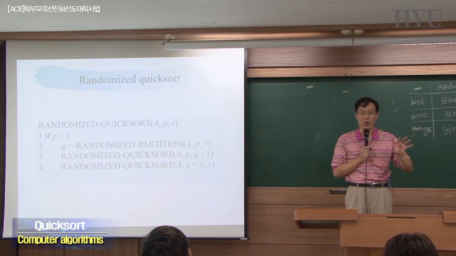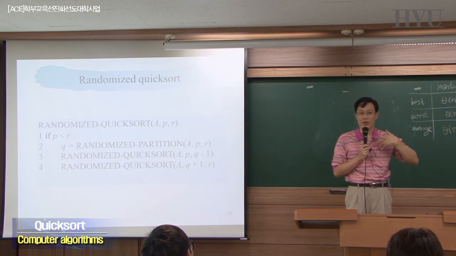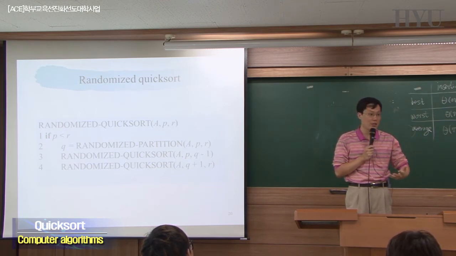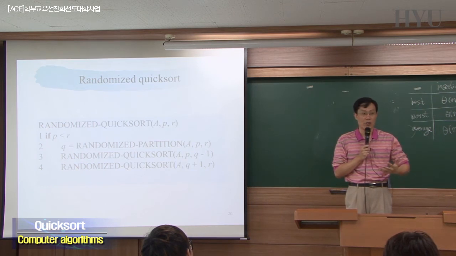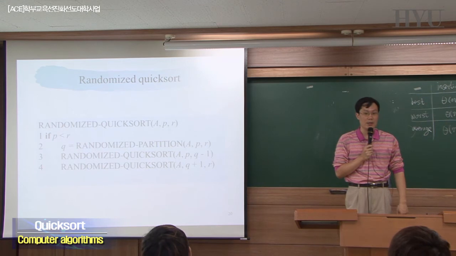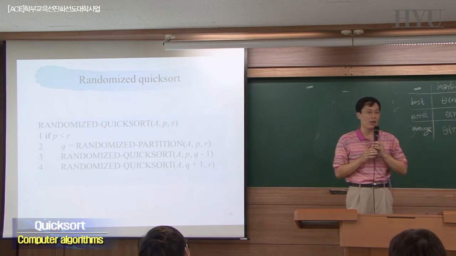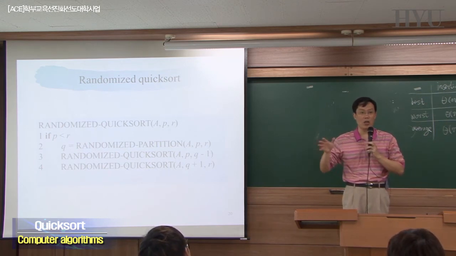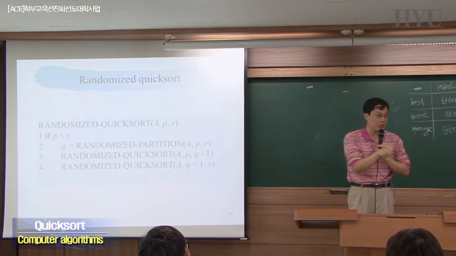Even though we run the randomized quicksort twice, the running time of the first execution is different from the running time of the second execution of quicksort, because the running time depends on the pivot element selection.